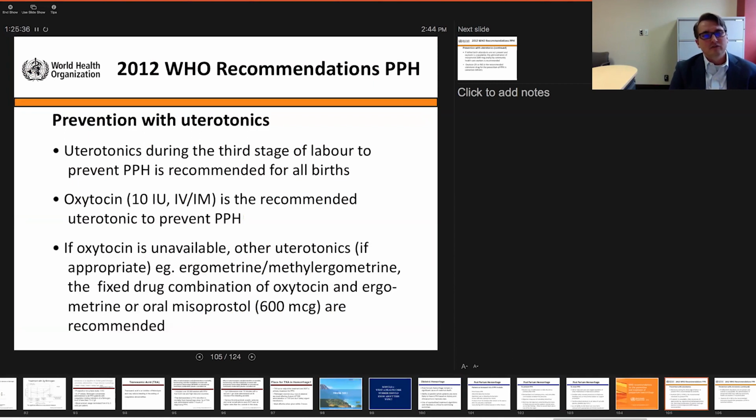So, use of uterotonics, the WHO feels that you want to proactively use uterotonics, specifically oxytocin. 10 units is recommended in all births, intramuscularly, or again, as I mentioned, you could give it intravenously. If unavailable, you could use other medications listed here, from ergotamines to oral misoprostol.